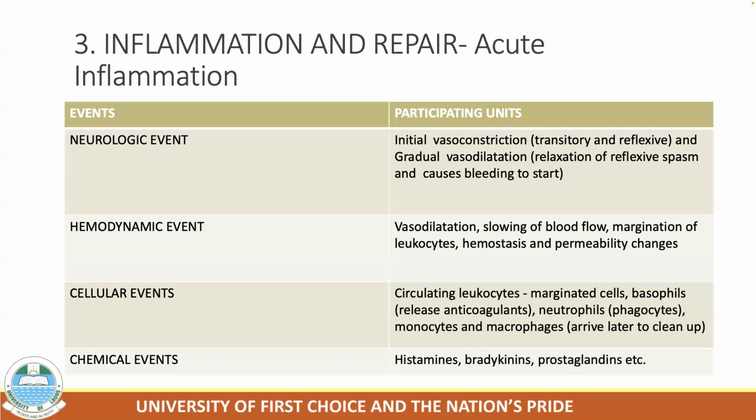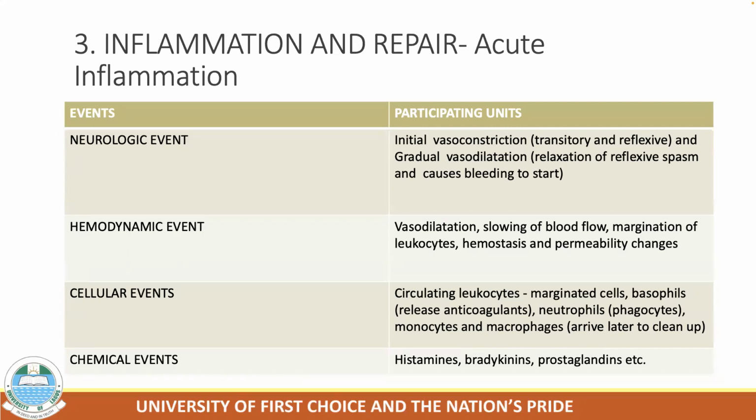Okay, that's called the hemostatic plug, to prevent further blood loss. And also, of course, there are permeability changes at that site to reduce more blood pouring into the area where loss is happening.